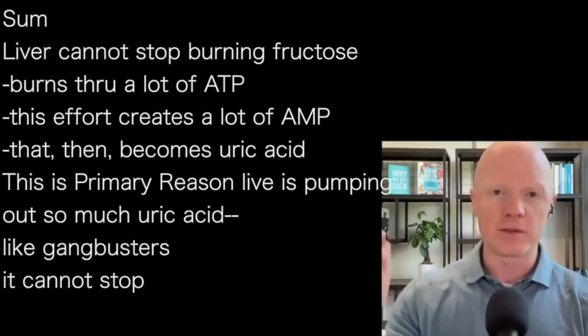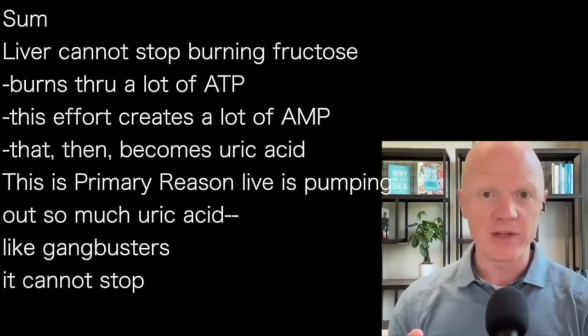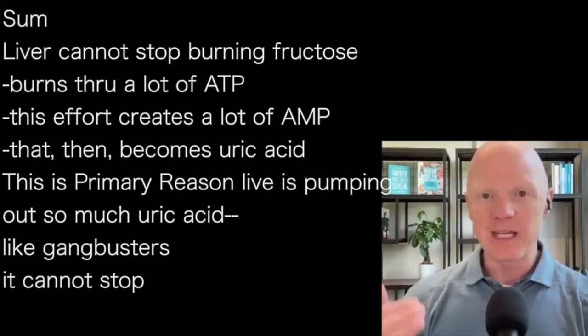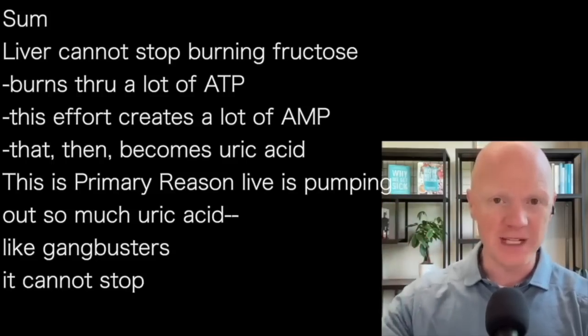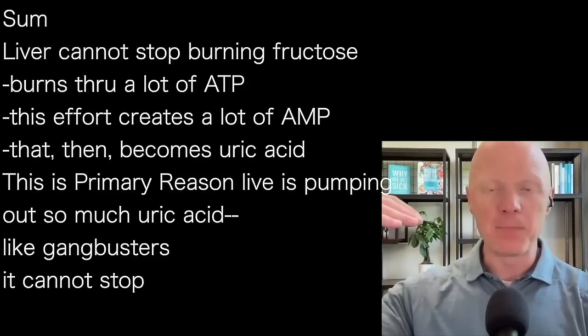Again, to recount it, perhaps with some degree of brevity, the liver can't stop burning fructose. There's no way to really turn it off, unlike other metabolic pathways. And this means that the liver cell is burning through a lot of ATP. And through the course of trying to continue to recreate ATP, we end up getting a lot of AMP.